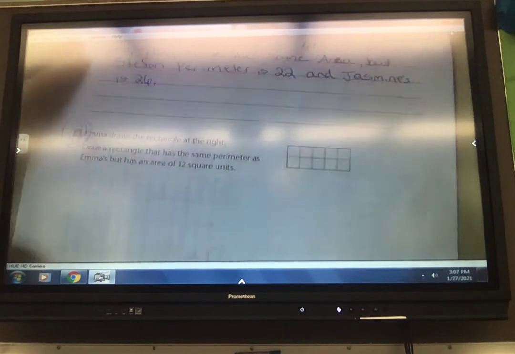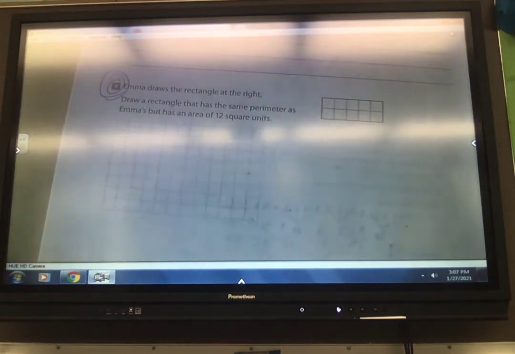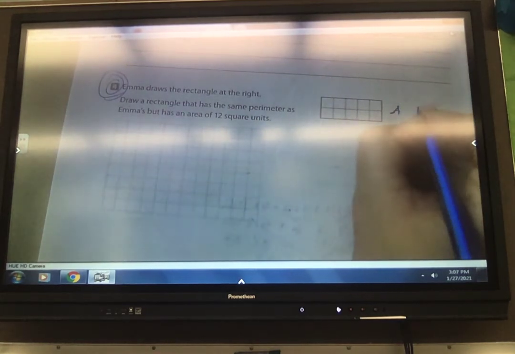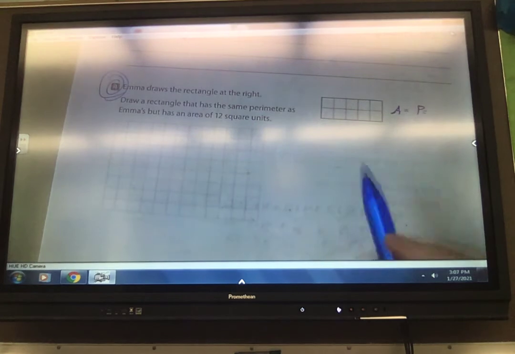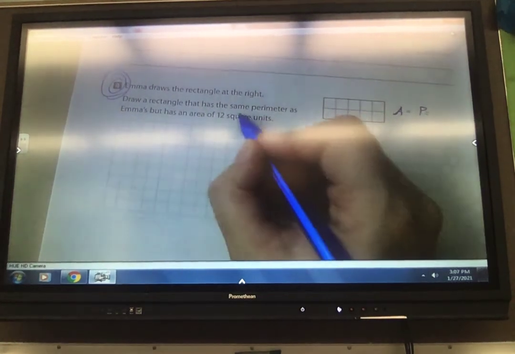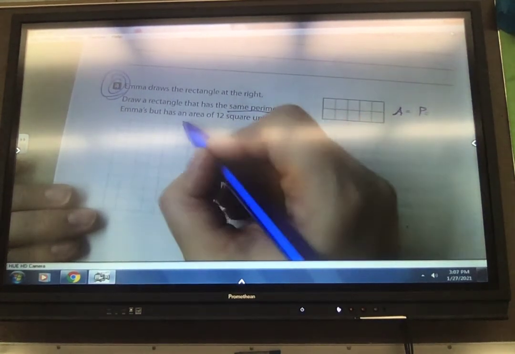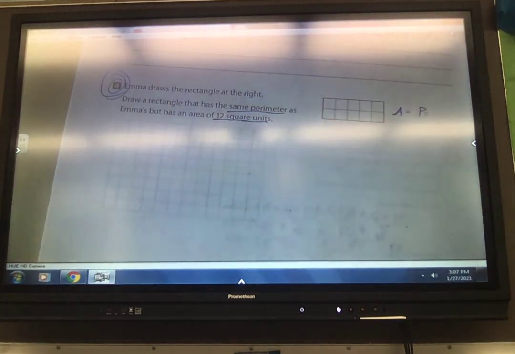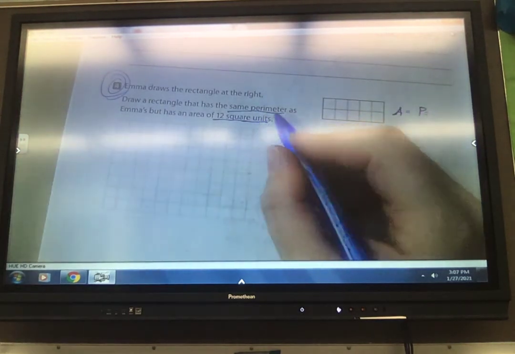Alright, last one. Emma. Emma draws the rectangle at the right. Look at her rectangle. I need to find the area and the perimeter of it. Draw a rectangle that has the same perimeter as Emma's, but has an area of 12. So first I need to figure out what her perimeter is. If mine has to have the same.